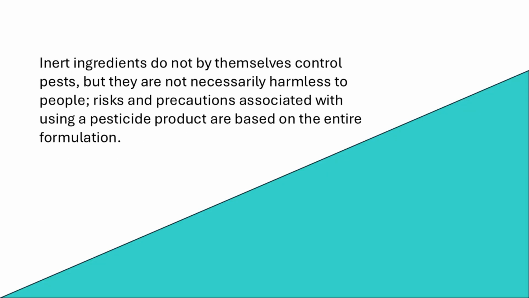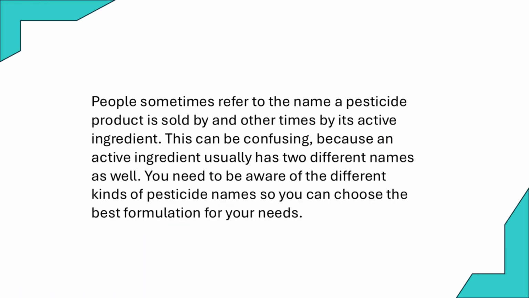Inert ingredients do not by themselves control pests, but they are not necessarily harmless to people. Risk and precautions associated with using a pesticide product are based on the entire formulation. People sometimes refer to the name a pesticide product is sold by, and other times by its active ingredient.